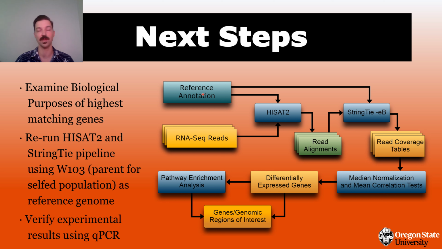And so I'll be using that instead of CBDRX, and that will hopefully give better results than what we had with CBDRX, which was not an exact match to the plant that we're trying to match all of our reads to. And then verifying the results at the end of all of this will be the last step, using qPCR to make sure that the results that we got are actually valid.